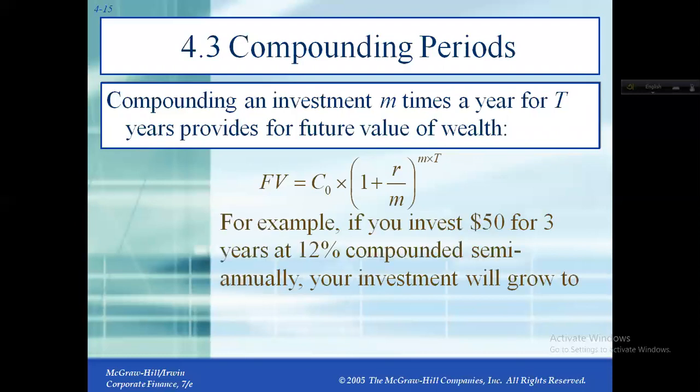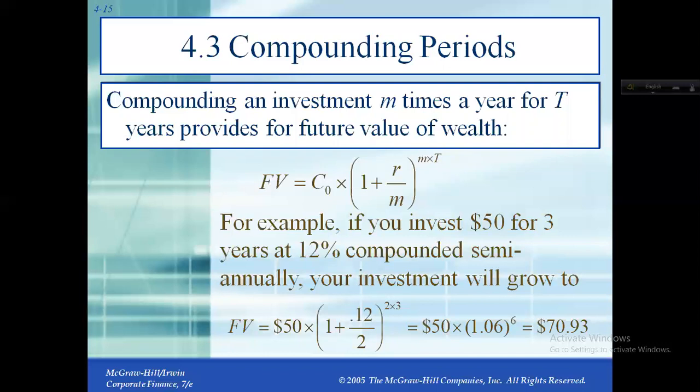For example, if you invest $50 for 3 years at 12% compounded semi-annually, your investment will grow to FV equals $50, the present value, times (1 plus R by M), where R is 0.12 and it is compounded semi-annually.